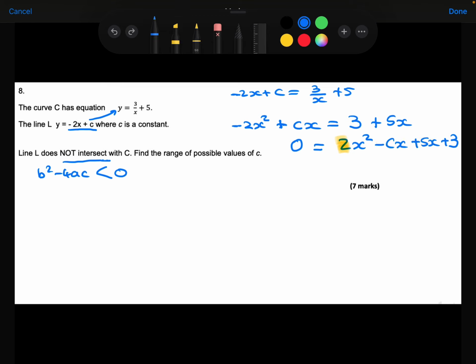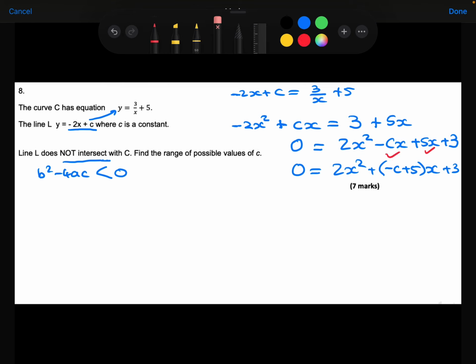I'm going to factorise the x outside. So if I take an x outside here, then I'd have a minus c plus 5 here. So this is my 5x, and this is my minus cx.